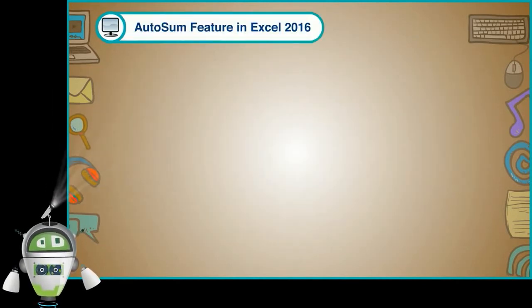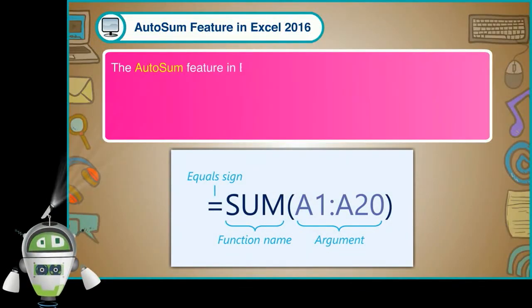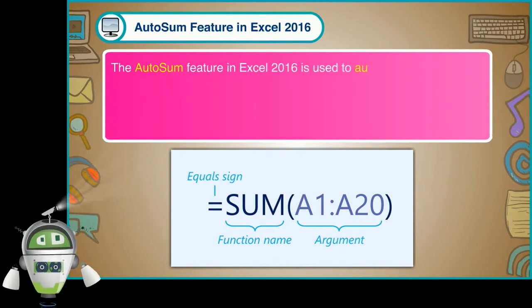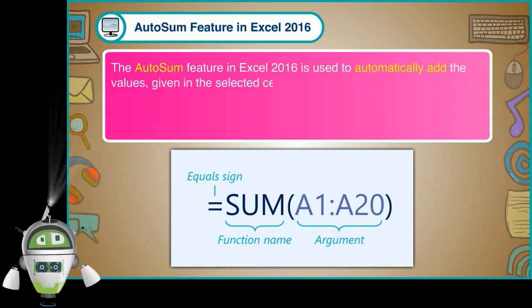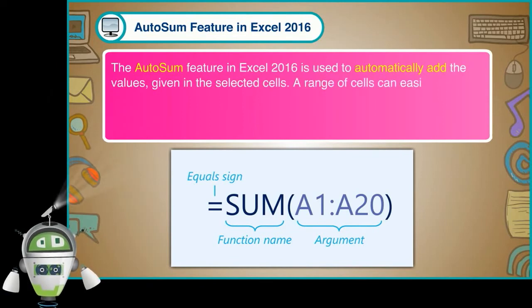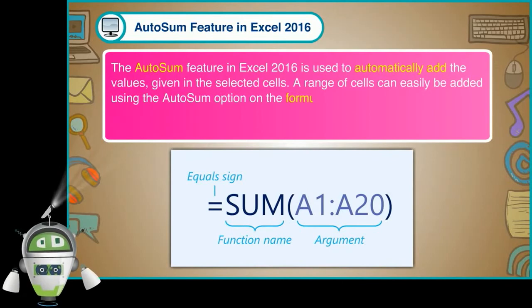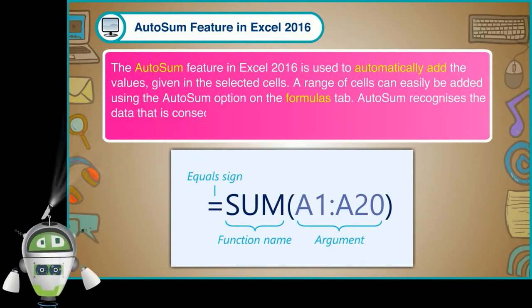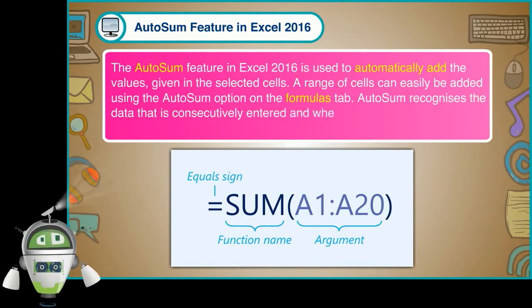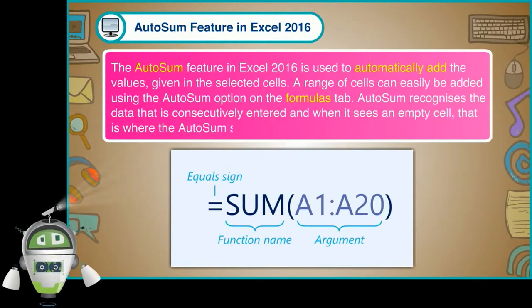AutoSum feature in Excel 2016. The AutoSum feature in Excel 2016 is used to automatically add the values given in the selected cells. A range of cells can easily be added using the AutoSum option on the Formulas tab. AutoSum recognizes the data that is consecutively entered, and when it sees an empty cell, that is where the AutoSum stops.